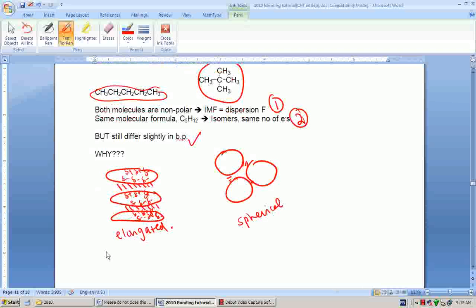Why? Because there's a greater surface area for electronic interaction, hence leading to stronger dispersion forces and higher boiling point compared to the spherical case.